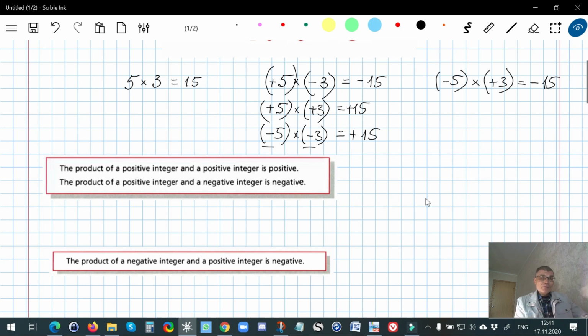If both are negative like here, negative integer, where is the third rule?